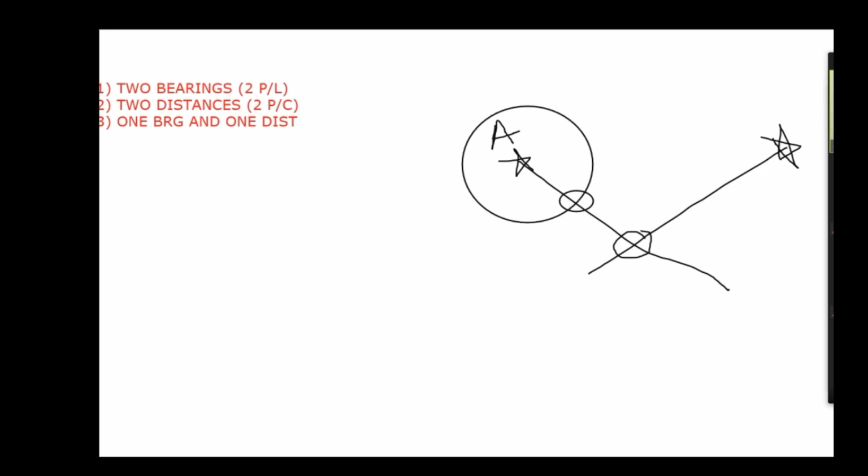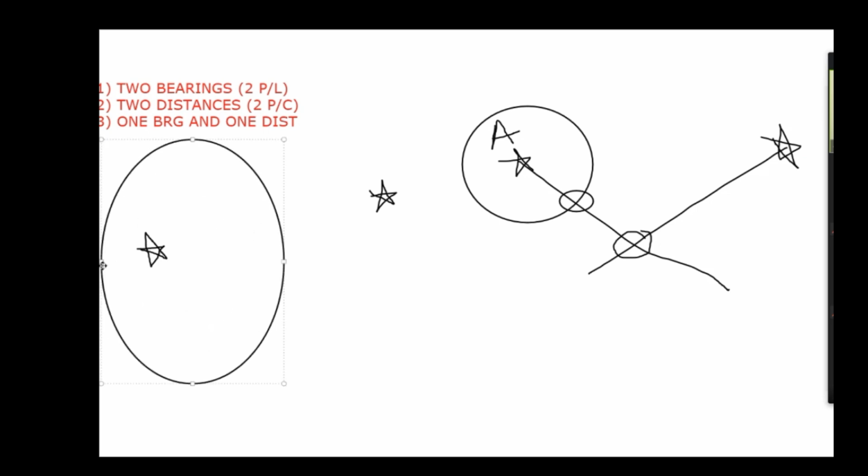Suppose you have that case, two circles will cut at two points, and then we will determine which one is possible and which is not possible. We will be giving the reason behind it. One may be on the land, one may be in the opposite direction of the TSS.